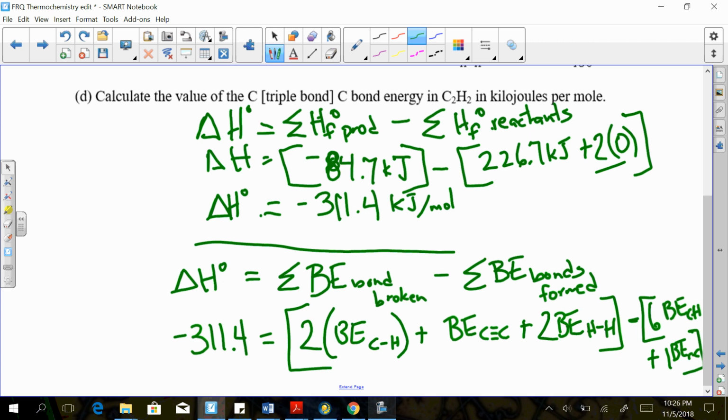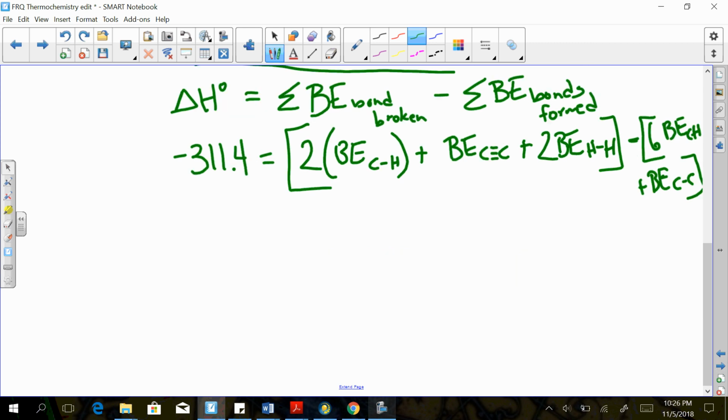And I'm going to close that out. Plus bond energy of a carbon-carbon. Okay, so now let's put in some numbers and solve for our unknown.